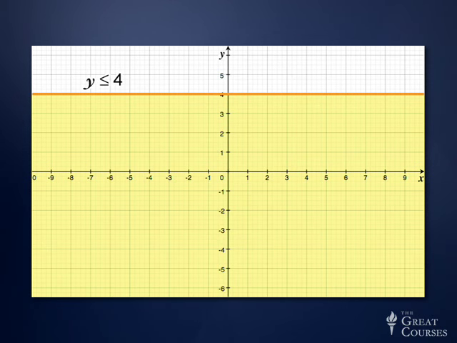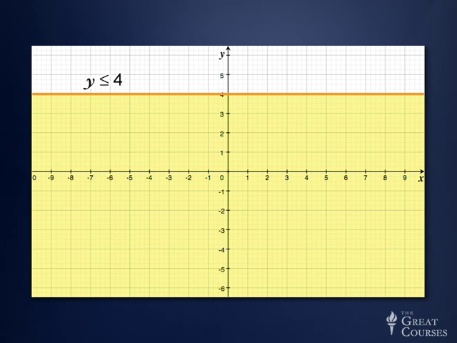Okay? So, I've actually done everything I need to do now with y is less than or equal to 4. I've drawn a solid horizontal line through the y-intercept at 4, and I've shaded all the points below it because all of those points represent the places where y is less than or equal to 4. Now, on this same set of axes, with all this shading already done, I now want to look at the second inequality.